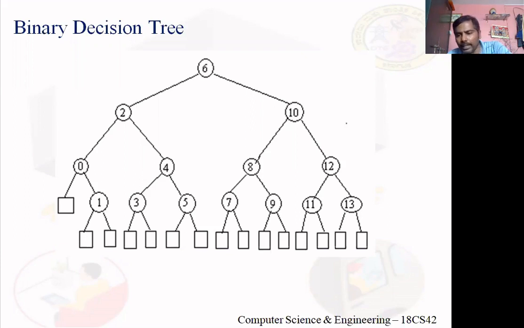The right rectangular node represents all those unsuccessful elements which are greater than the element at index 13. The left rectangular node of node 13 represents all unsuccessful elements that are between indices 12 and 13.